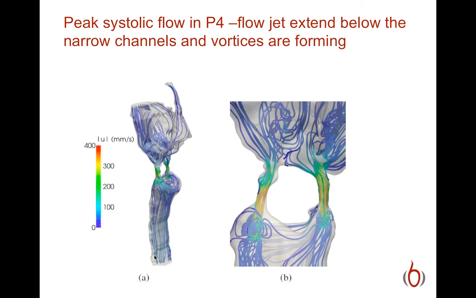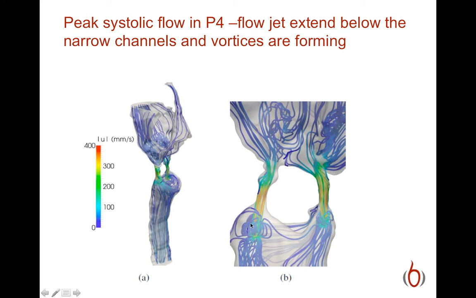The other case here is the Chiari patient, and there you see that, well, certainly you have high velocities up in the aqueduct, but definitely you have the largest velocities down here associated with the narrow part around foramen magnum. And here we see that we have velocities of about 40 centimeters per second in our simulations.